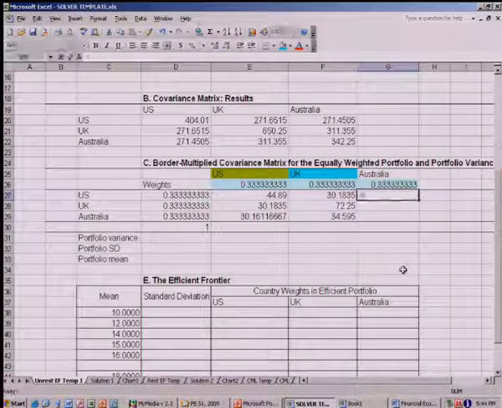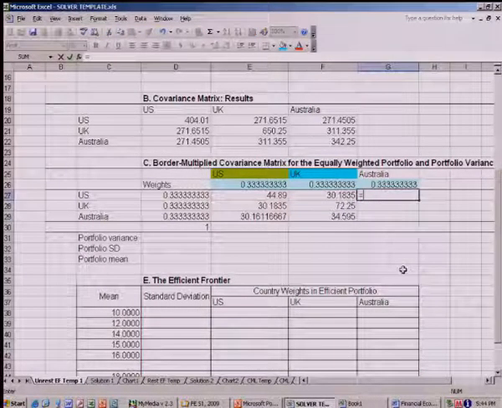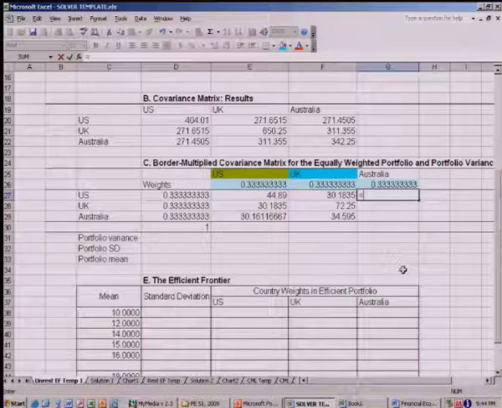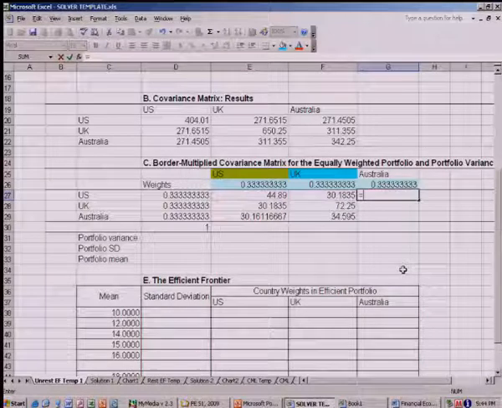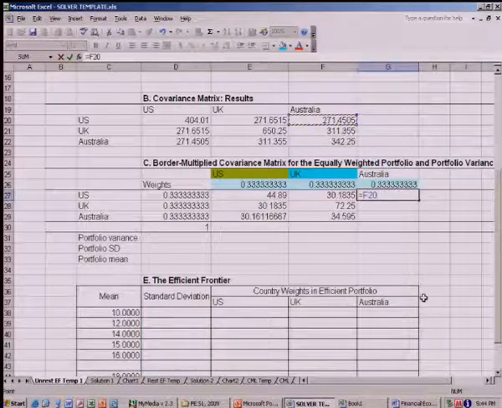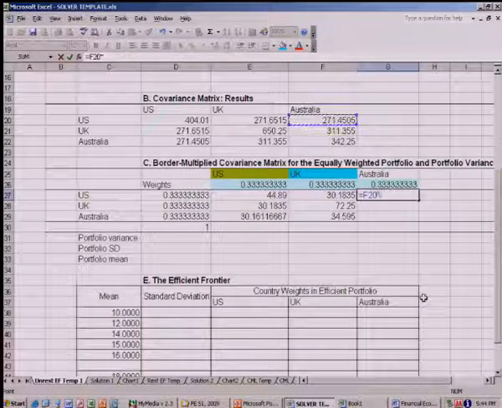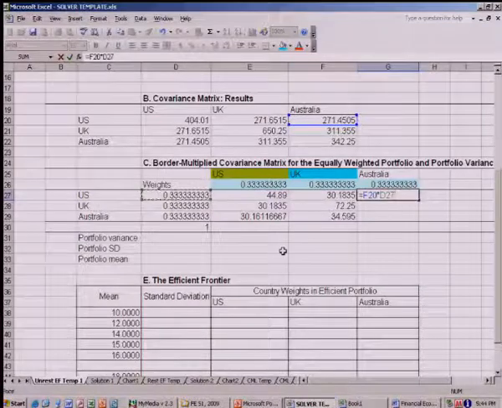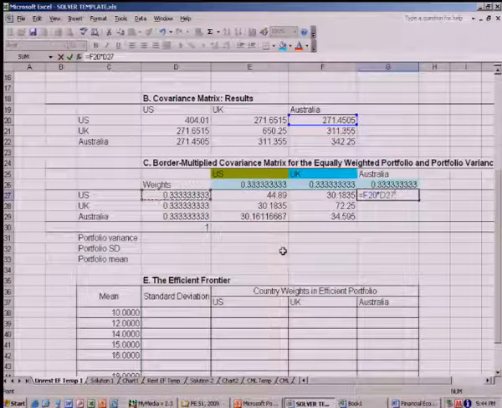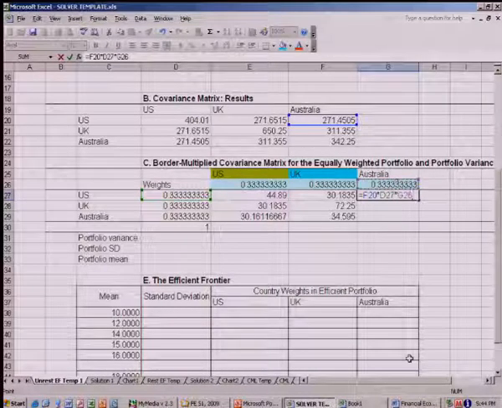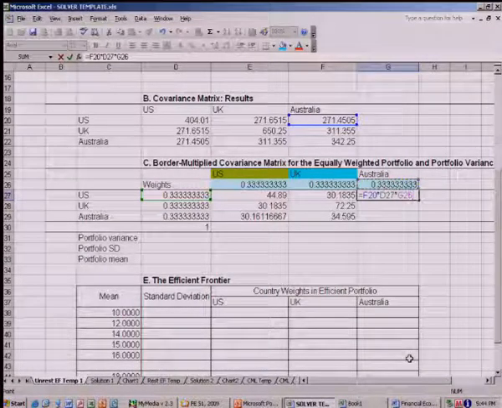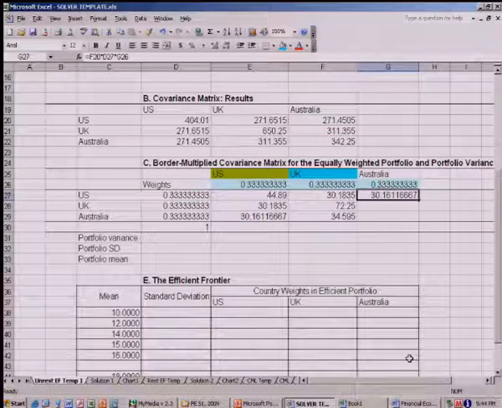I'll do the same for Australia. So you'll have to enter sign equal. You have to find now the covariance between Australian and US assets, which you can find from the covariance matrix, and then multiply that by the weight on the US asset from your border column, multiply that by the weight on the Australian asset from the border row, and press enter.